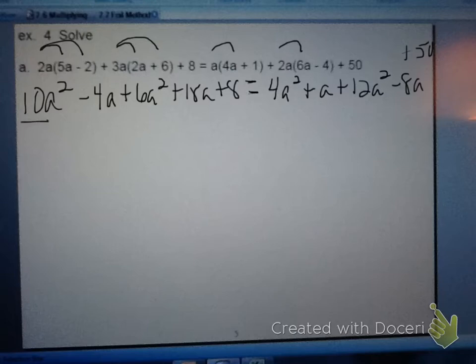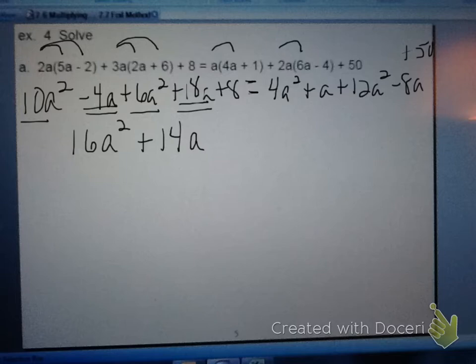10a squared and 6a squared is 16a squared. Negative 4a and a positive 18a is a positive 14a.